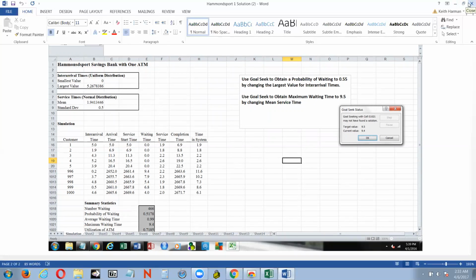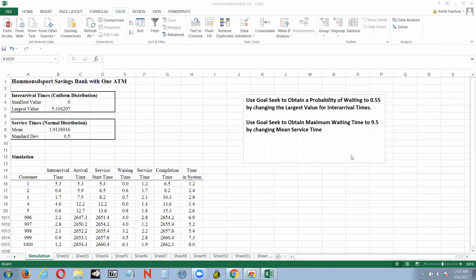The whole point of this is that here we have 1,000 service instances. We simulate the whole customer experience. We break it down to the point they arrive, the amount of time it took for them to get served.